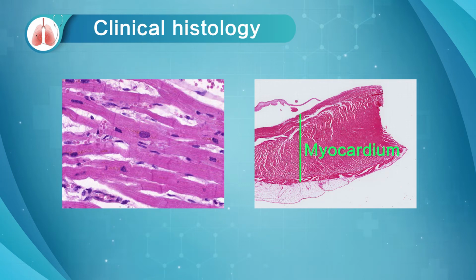Branched cardiac muscle fibers interweave in spiral layers around each heart chamber, forming the thickest layer of the heart wall, namely the myocardium, as marked by the green line in the right figure. The interweaving and spiraling cardiac muscle fibers allow the myocardium to produce efficient contraction, squeezing the heart chamber to pump blood out.